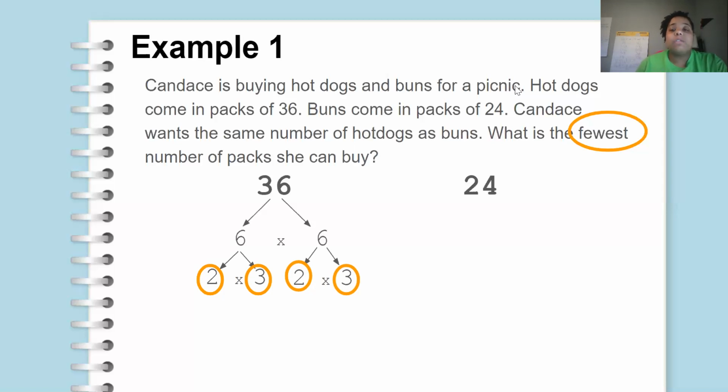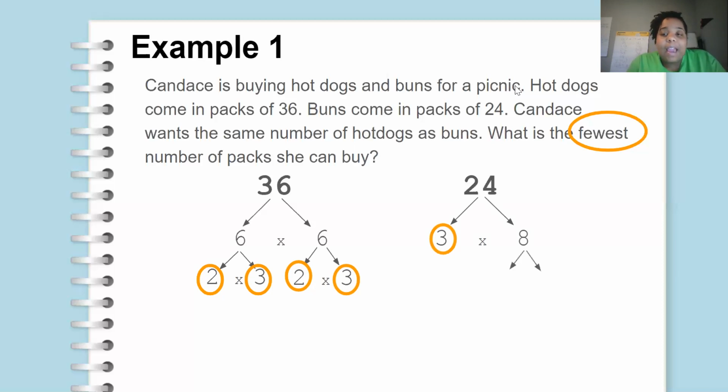Now let's break down 24. I'm going to break it down into 3 times 8. This is not my only option, but it's just the option that I chose. Well, from the start, I see that 3, and I know it's a prime number, so I can circle it. I know 8 is composite, so I have to keep going.